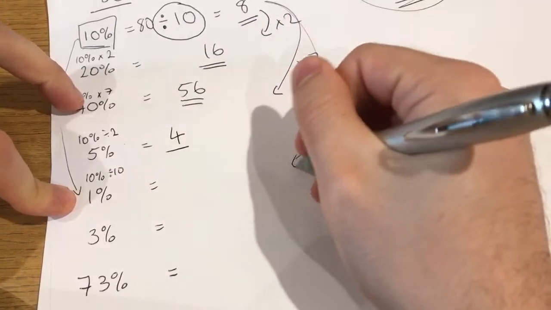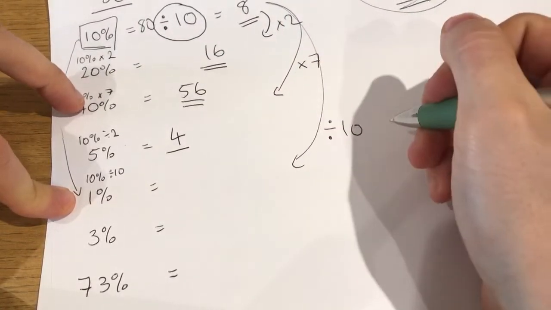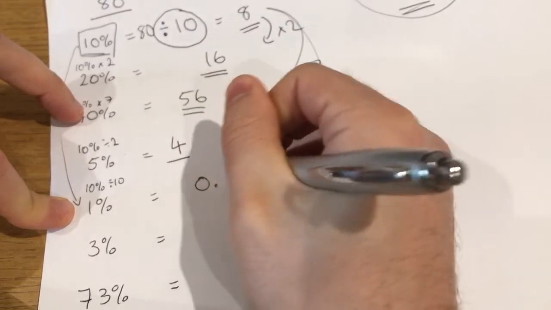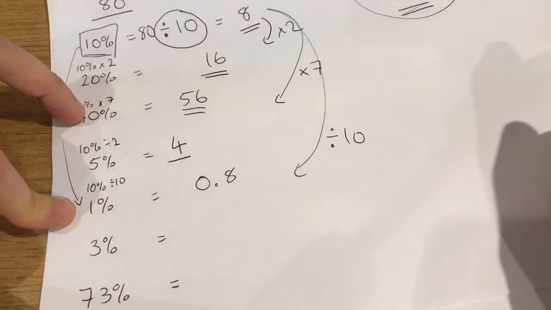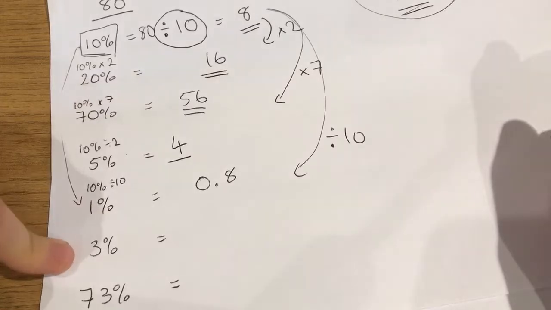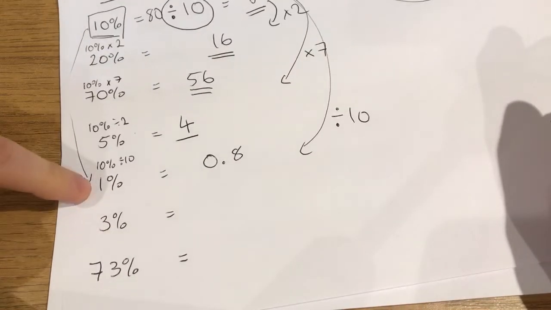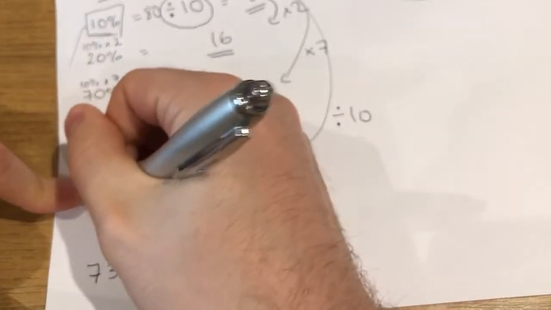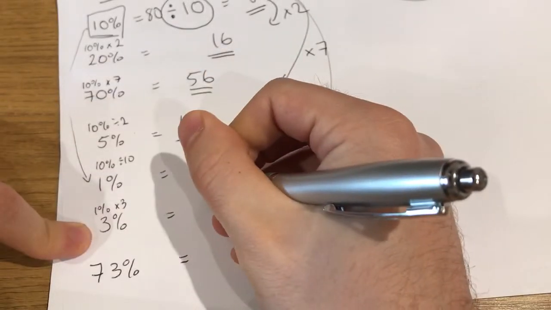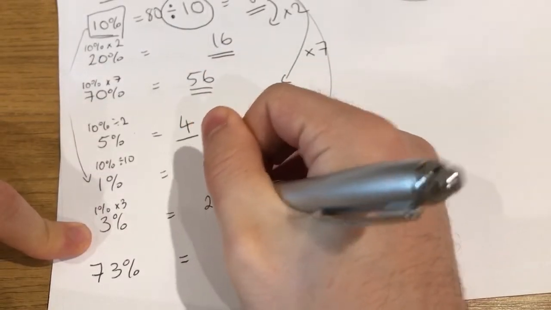So you do 8 divided by 10, which is 0.8. 3% now we can find because we're just going to triple that 1%. 3 lots of 0.8 is 2.4.